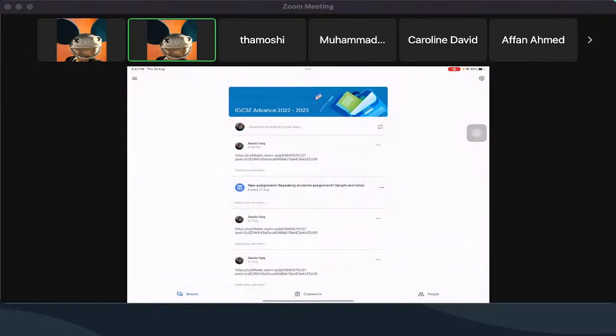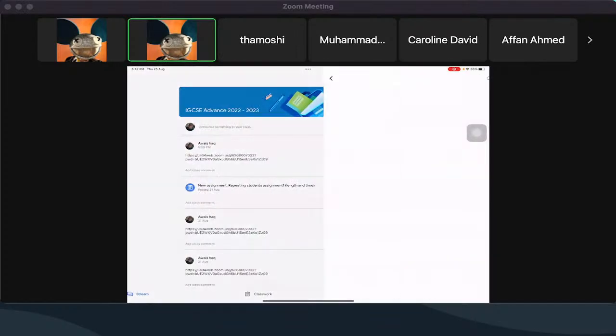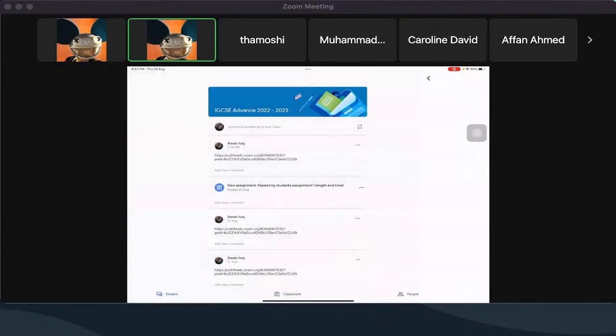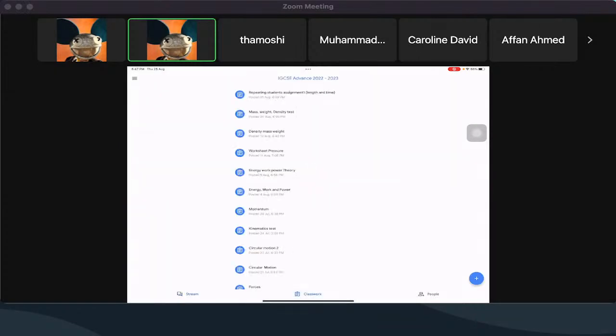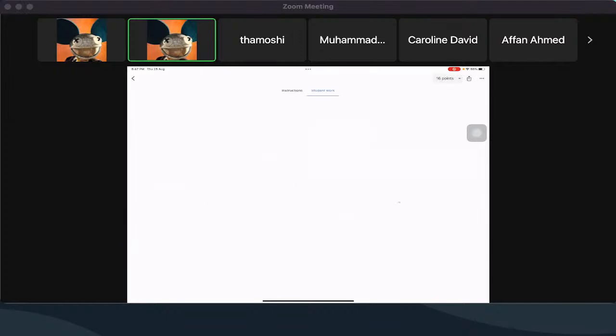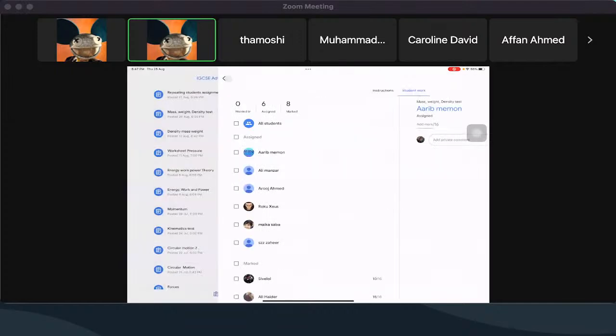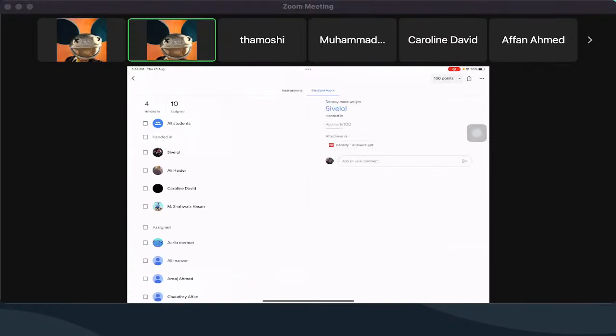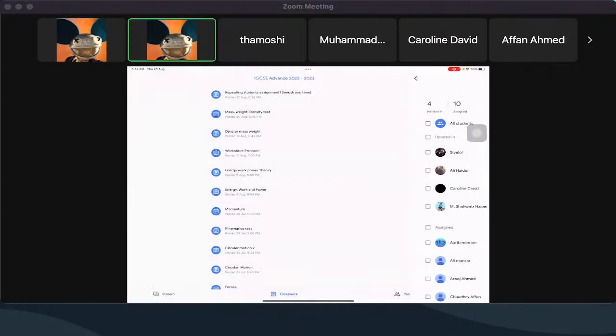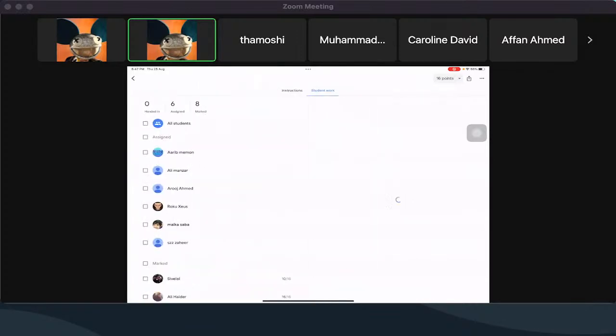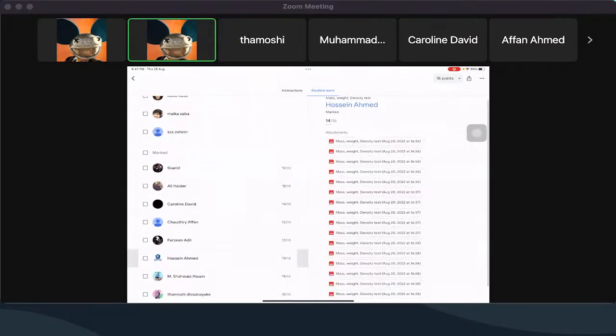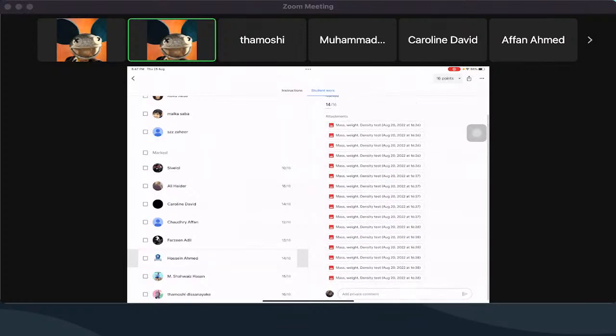Now, Hussein, when I was checking your papers today, I was quite surprised. Imagine, do you know what Cam Scanner is, Hussein? Where was the worksheet I gave you? Mass and density. Okay, this was the test I gave you. Hussein, do you expect me to open each of 16 pictures?